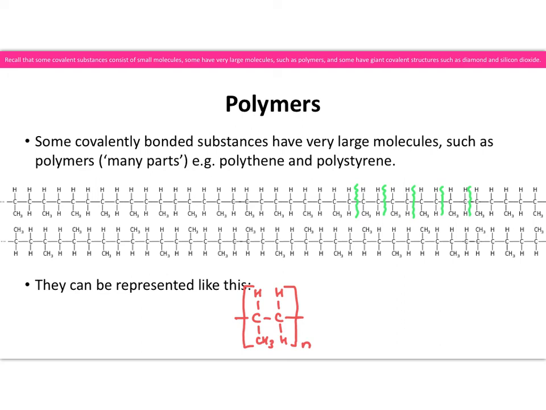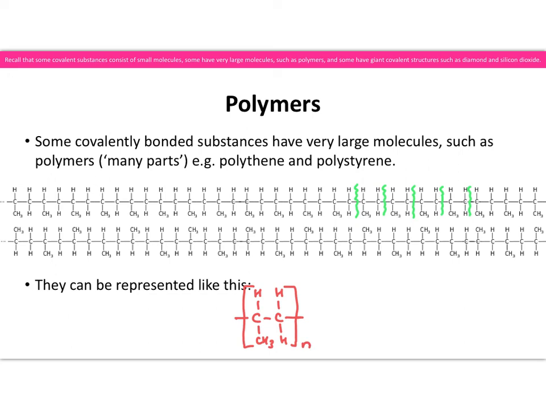In maths, n always means a very large number. It doesn't say what the number is, but it's telling you it's a very large number. So what we're showing here is that this unit is repeated a very large number of times.